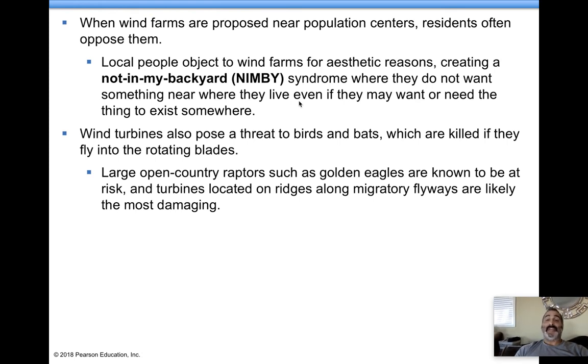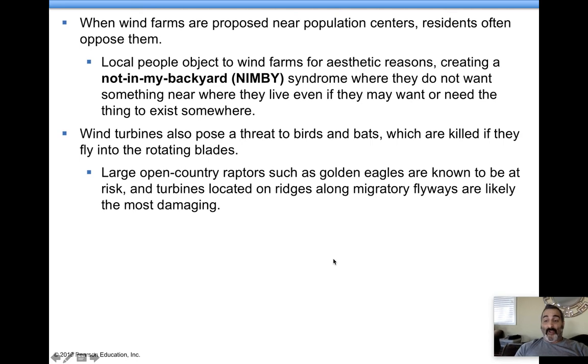They don't want these things in their backyard. For example, you would never want a factory burning coal in our neighborhood producing electricity. People would be ticked about that. They would not be happy. So it's a problem that a lot of people have. It's the not in my backyard syndrome, or NIMBY syndrome.